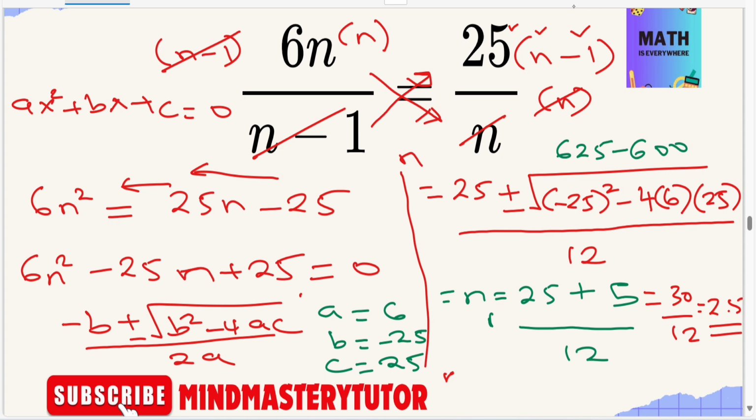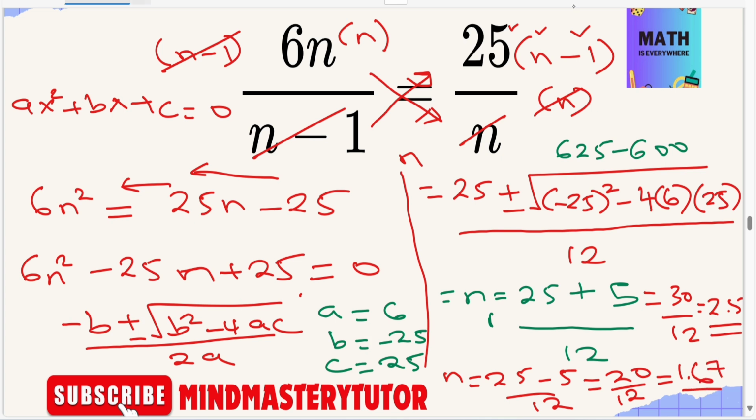And the other n will be with minus 5: 25 minus 5 divided by 12, so it will be 20 divided by 12, and your other n should give you around 5/3 or 1.67. We just write 1.67, no need to be very exact.